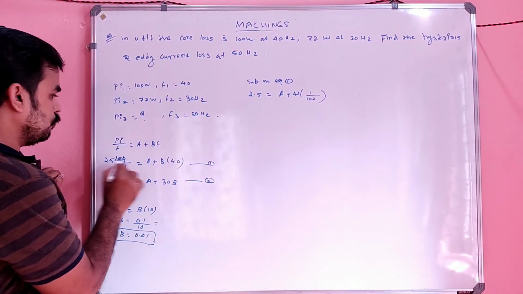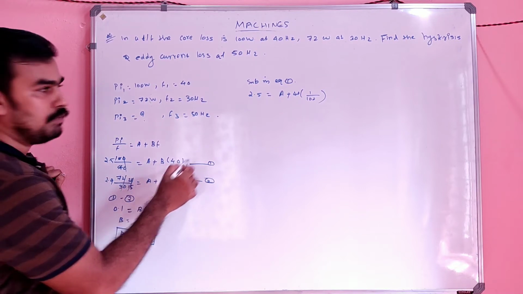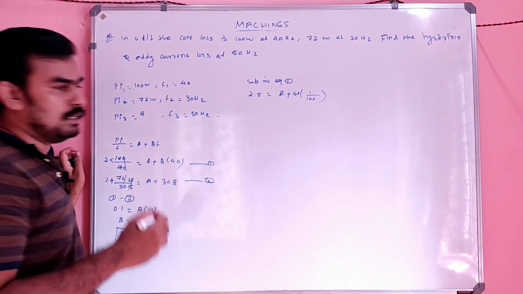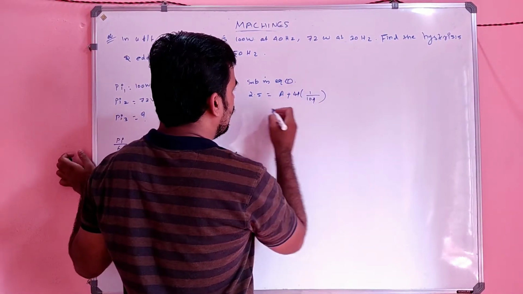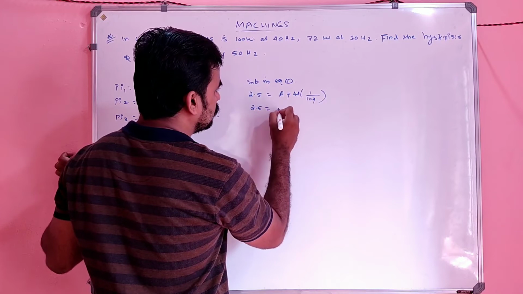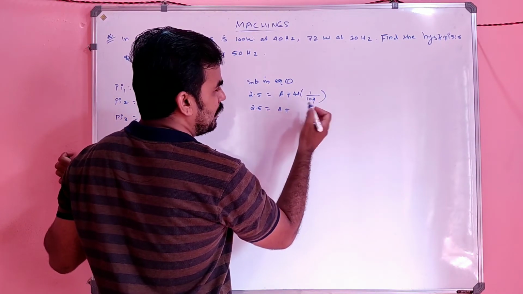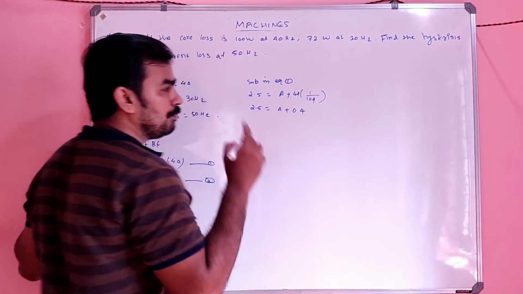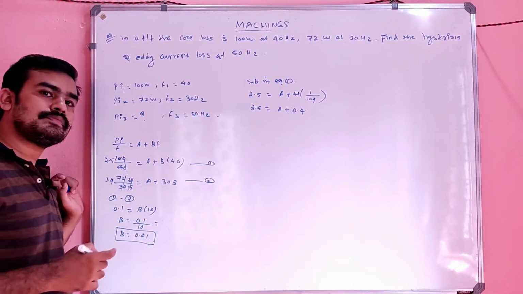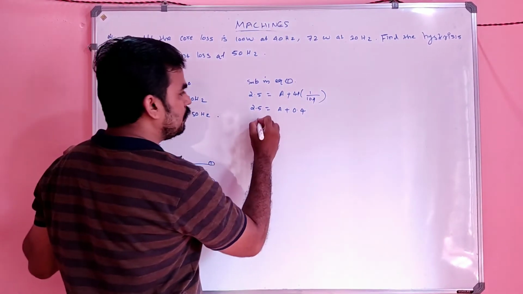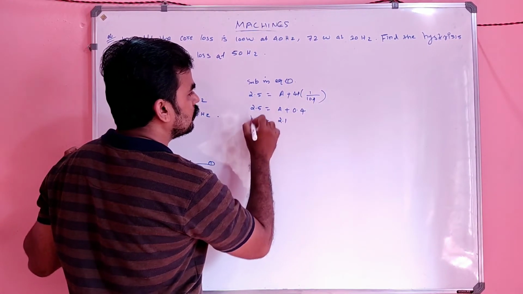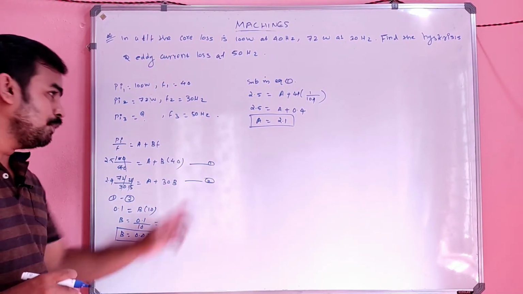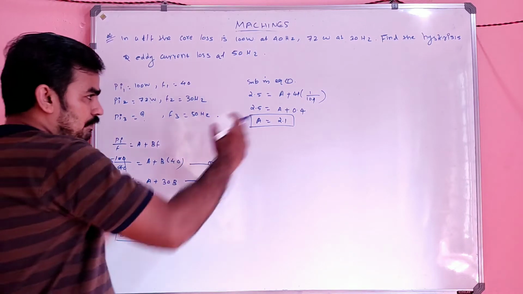So 2.5 is equal to A plus B into 40, and 1 by 100 into 40 is 4 by 10, which is 2 by 5, which is 0.4. So A will of course be 2.1. Now you have the value of A and B.